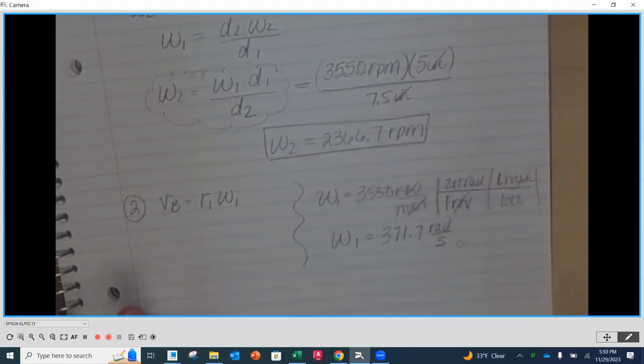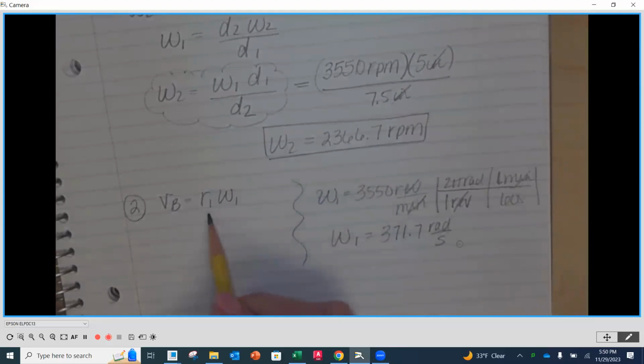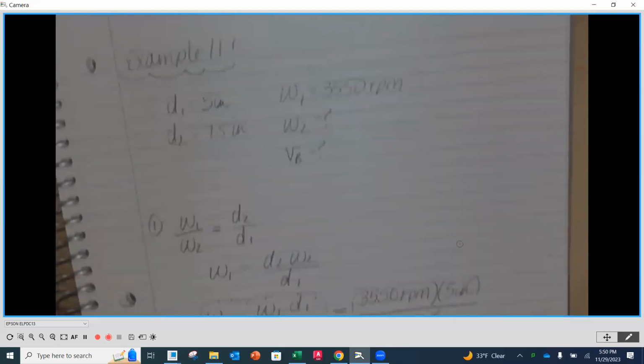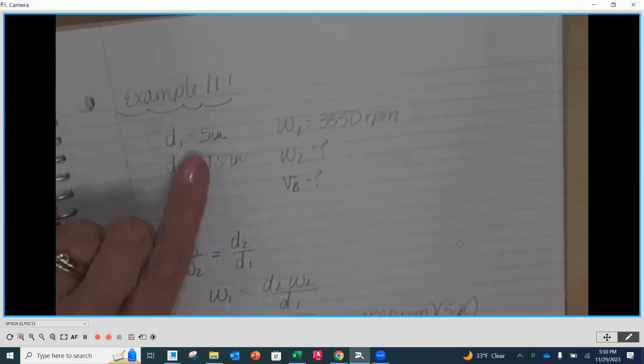You get 371. Yeah, okay. And that's going to be the number that we're going to put up here. And then our radius is going to be our diameter divided by 2. So it'll be 2.5.